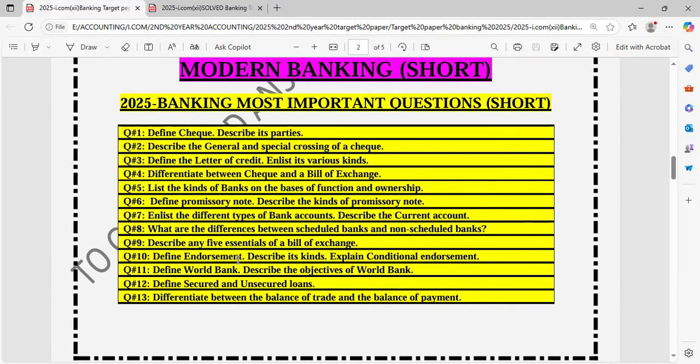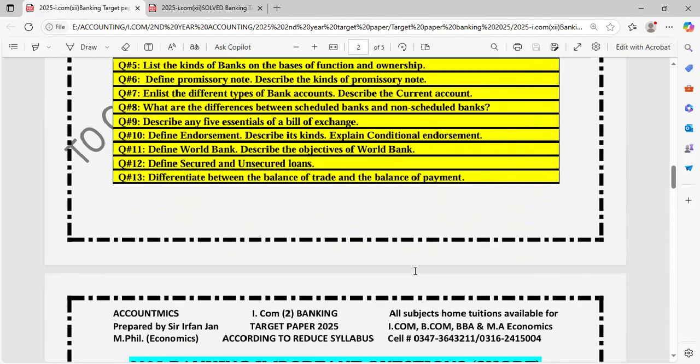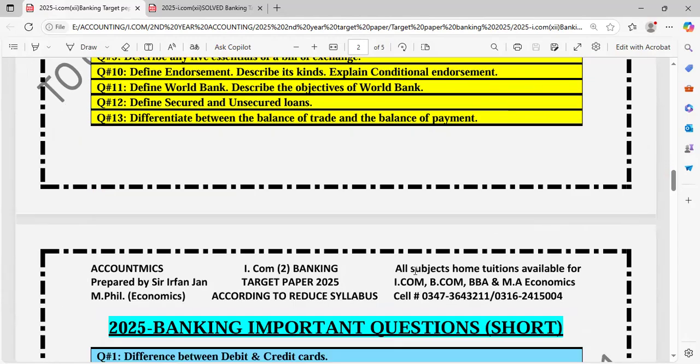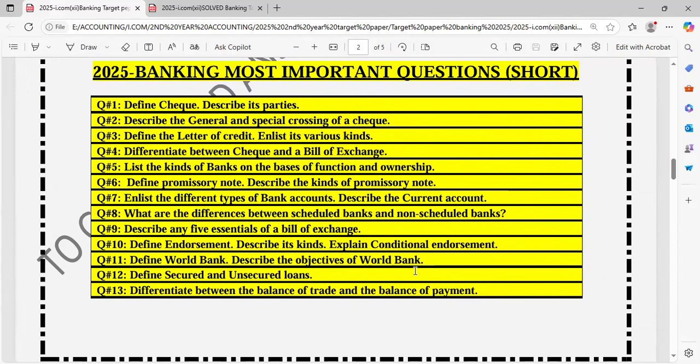Then endorsement and conditional endorsement, explain. Then World Bank and describe the objectives of World Bank. Then secured and unsecured loan. Then the difference between balance of trade and balance of payments. So I think it is 13 questions which I have given in the most important section.